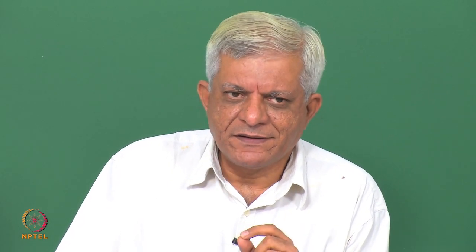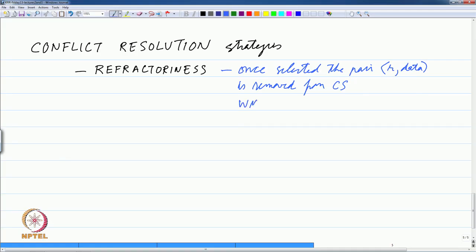So, remember that working memory elements are identified by timestamp. So, if there is a rule which is matching data with some distinct timestamps, it can fire only once.